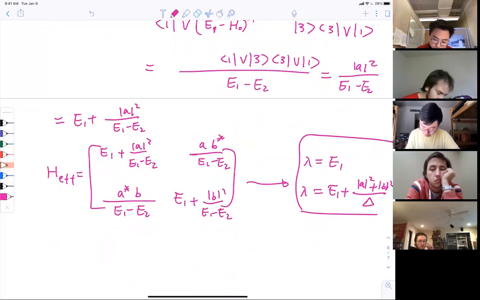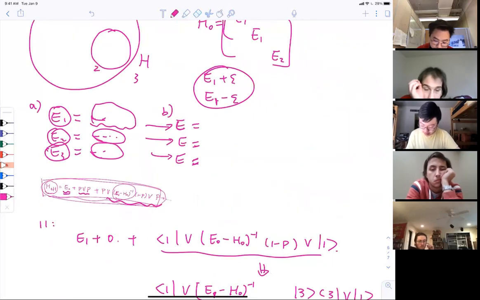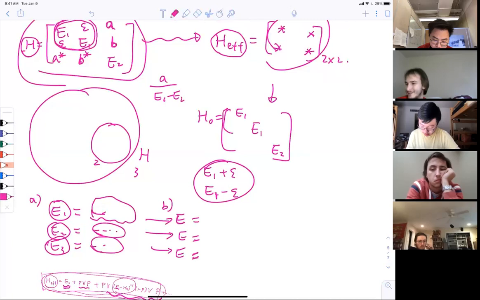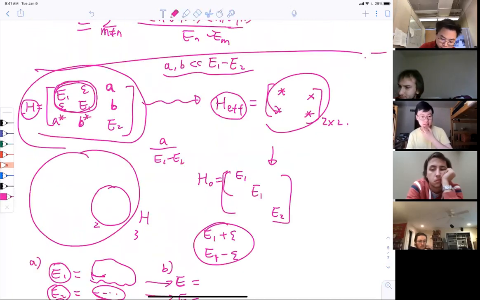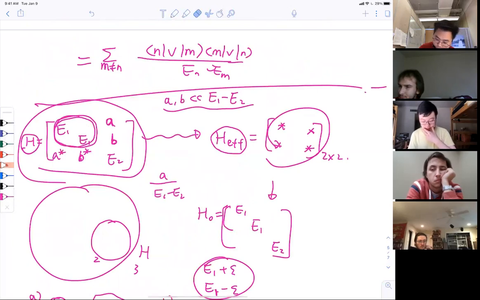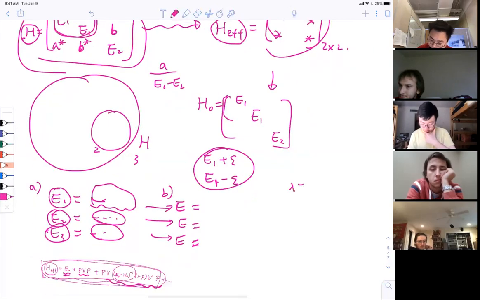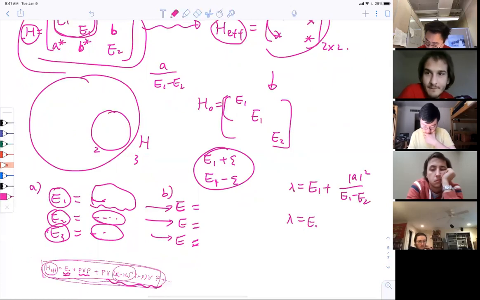If I remember correctly, if you apply the second order perturbation formula for the degenerate space to this case, you would get lambda equal to E1 plus some E1 minus E2 times A squared, or lambda equal to some E1 times B squared, something like this.